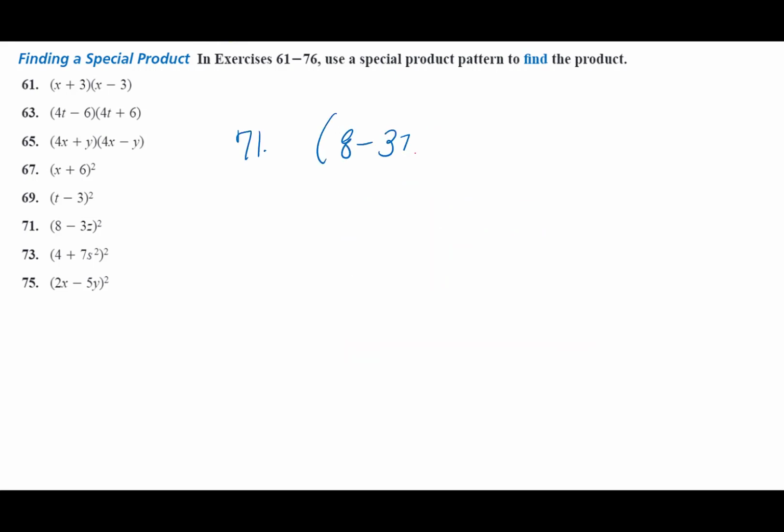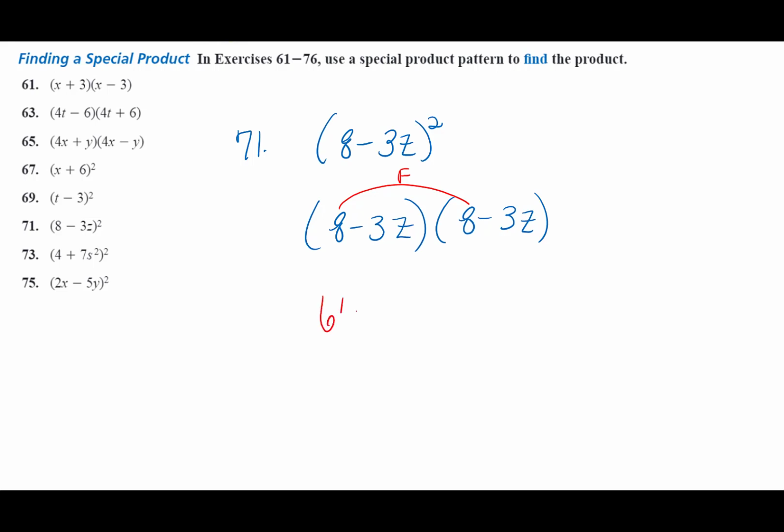All right, let me show you number 71. This is 8 minus 3z quantity squared. Again, please rewrite it, showing that you are multiplying that binomial times itself. Then you can go ahead and use the FOIL method. You don't have to draw the lines like I've been drawing. I'm just doing this to help reinforce the method that we're using. 8 times 8 is 64. 8 times negative 3z is a negative 24z.